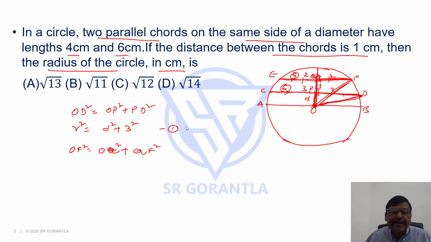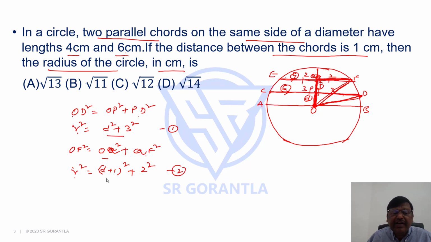OF is nothing but the radius, so R square equals OQ square plus QF square. What is OQ? We know OP is d and PQ is 1, so OQ is going to be d plus 1. So (d plus 1) whole square plus QF square. What is QF square? 2 square. This is the second equation.